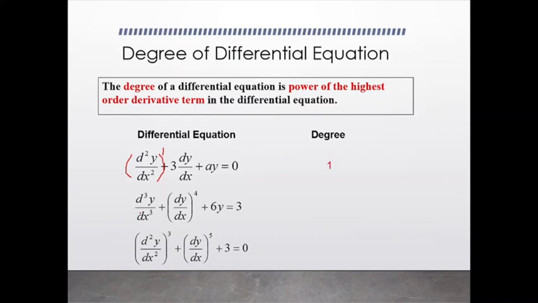In the second example, the degree of the differential equation here is still 1, because we look at the power of the highest order derivative. The highest order derivative is the third derivative, and its exponent is 1.